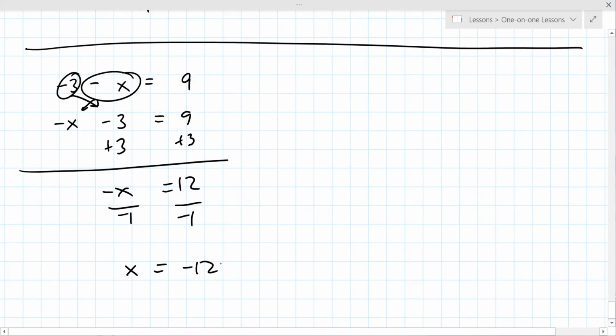That's not what I got. Where is your mistake? It was in the adding the 3s. Okay. I did add a negative 3 to each side instead of adding 3 to each side.